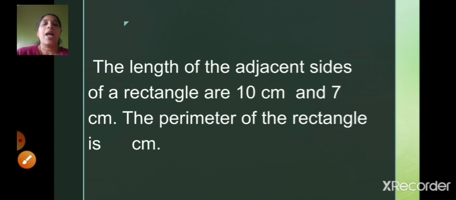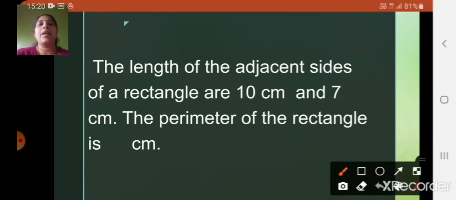The lengths of the adjacent sides of a rectangle are 10 centimeter and 7 centimeter. The perimeter of the rectangle is dash centimeter. Again here they have given that adjacent sides of the rectangle are 10 centimeter and 7 centimeter. As you know children, opposite sides of the rectangle are equal in length, right? So what will you do?